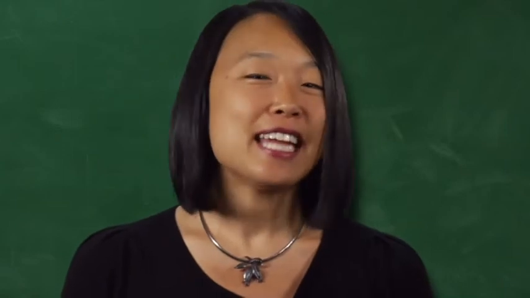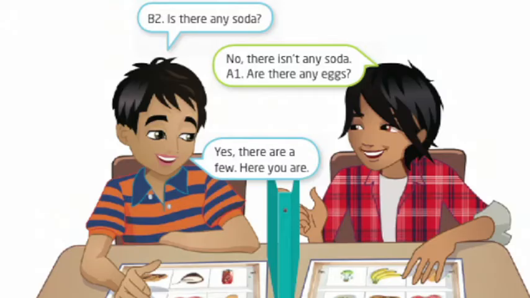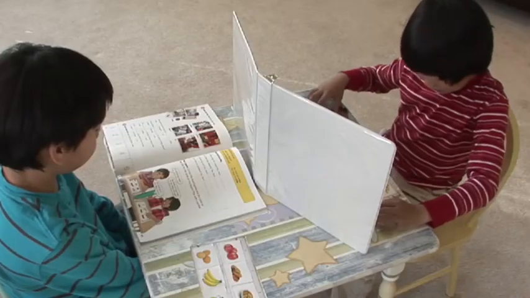Students ask and answer questions following the grammar point of the lesson. Using this question and answer pattern, students try to find the location of pictures on their partner's board. Notice there is a model of the expected dialogue for the students to follow.